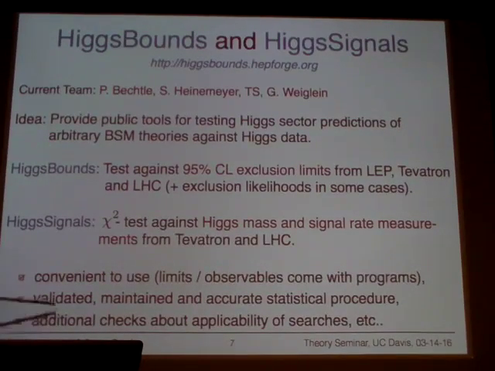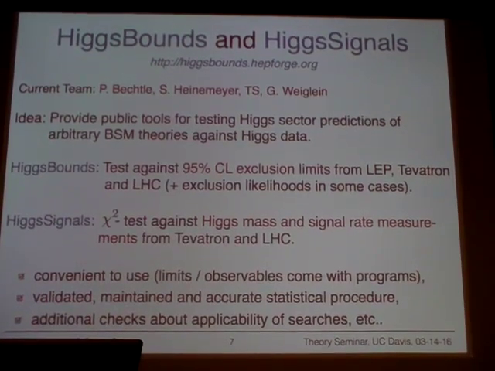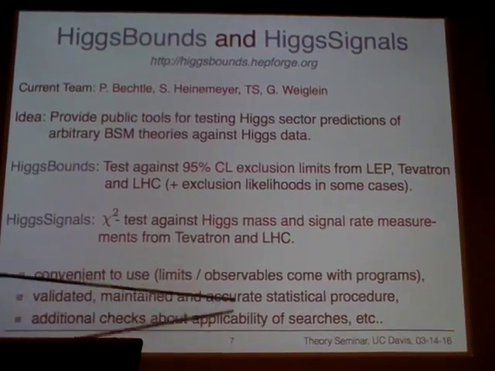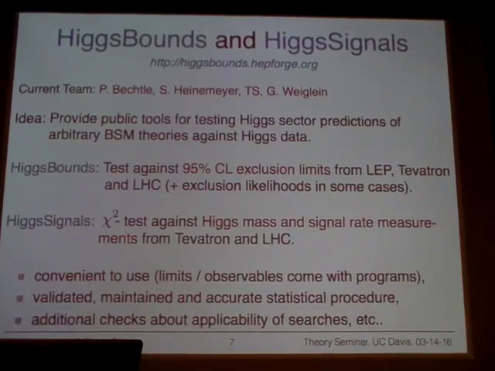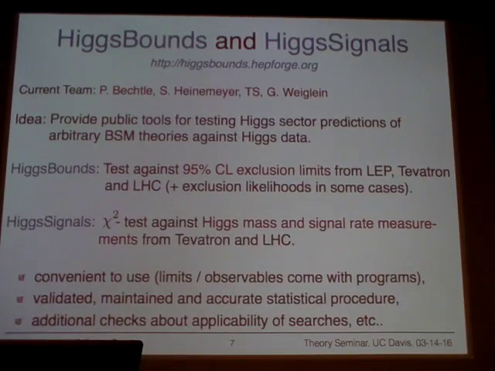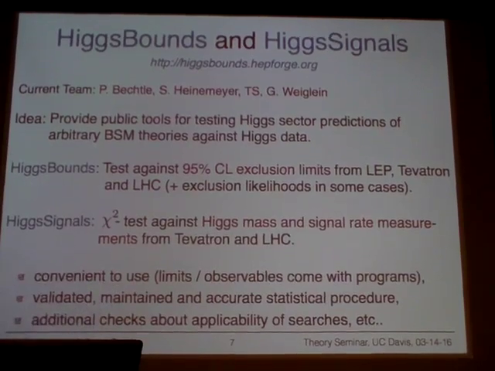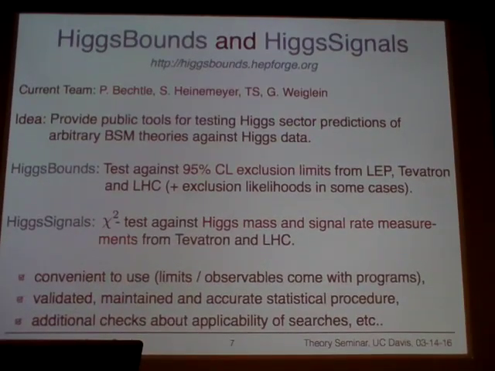It is a validated implementation of those, and it is usually maintained. If there are new results coming up, I will put them into the code and make them available online. And it follows an accurate statistical procedure. And there are also additional checks which are performed on whether the searches are applicable to your model or not.